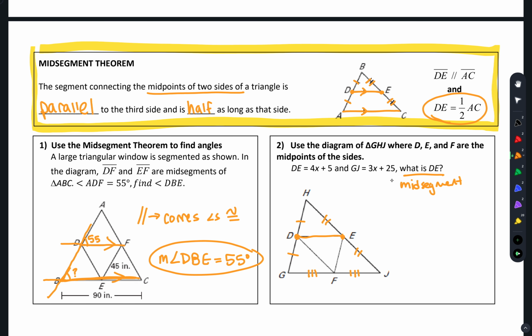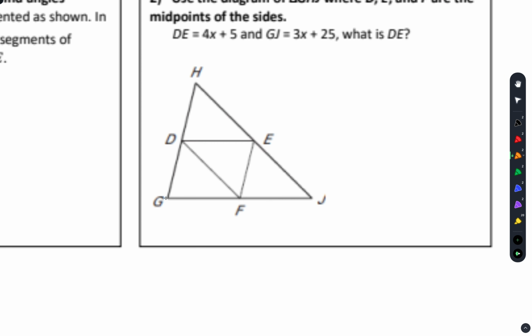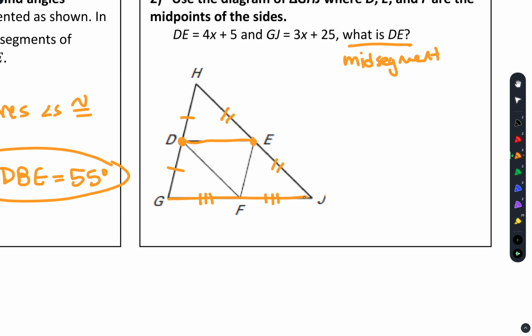By definition, by our midsegment theorem, our midsegment is 1/2 the length of that full side. So DE is 1/2 the length of GJ. I hate to use 1/2 times anything because then you get 0.5s all over the place. So instead, I always just do, pro tip, 2 times 4x plus 5. 2 times the midsegment is equal to 1 of the long segments.